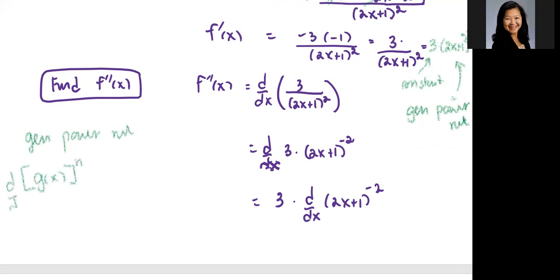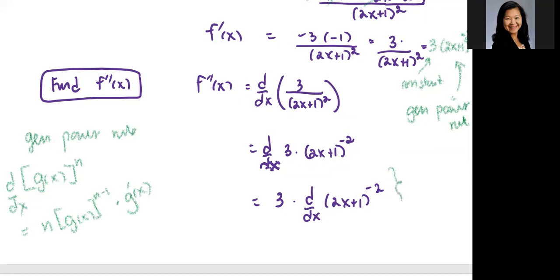When you find the derivative, it's going to be n multiplied by that function, with the power reduced to n minus 1, and then multiplied by the derivative of that function. Okay, that's the general power rule.